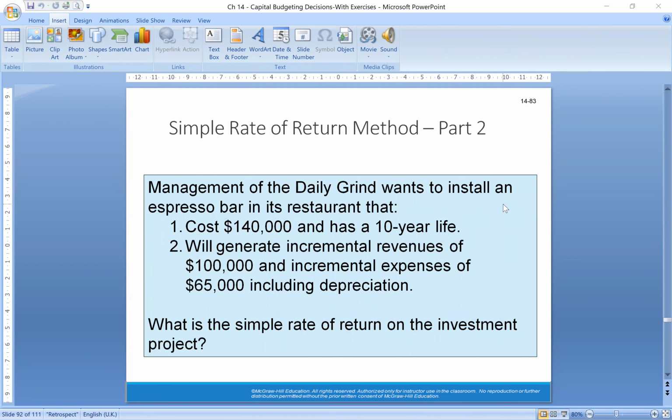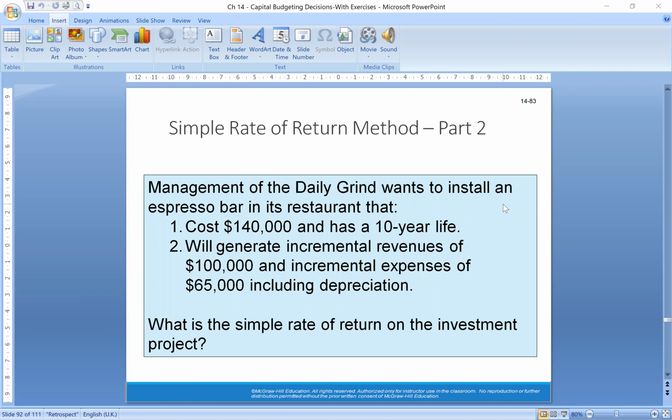Example: management of Daily Grid wants to install an espresso bar for its restaurant. The cost is 140,000, for 10 years, and it will generate incremental revenues of 100,000 and incremental expenses of 65,000, including depreciation. What is the simple rate of return for the investment?